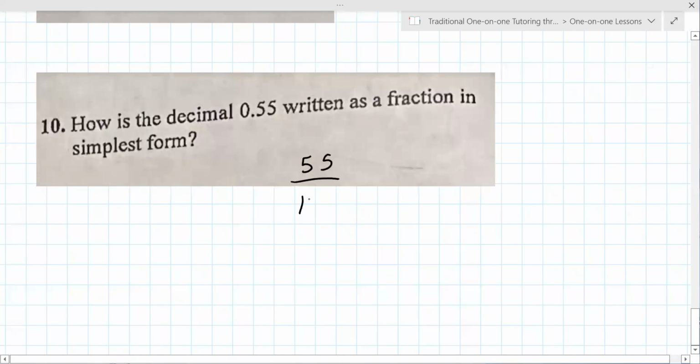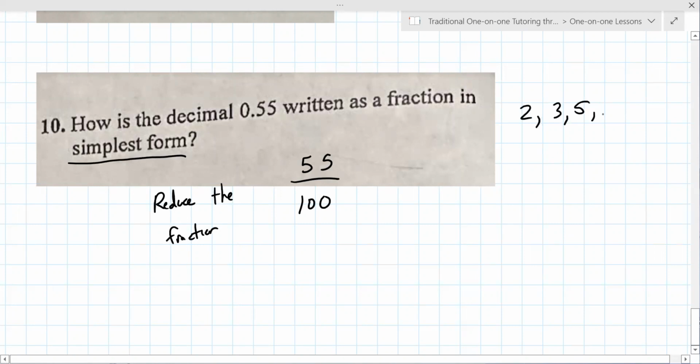That's correct, but that is not the simplest form. So we're going to have to reduce the fraction. By 2 first. Is 55 divisible by 2? No, it's not. So 2 is out.